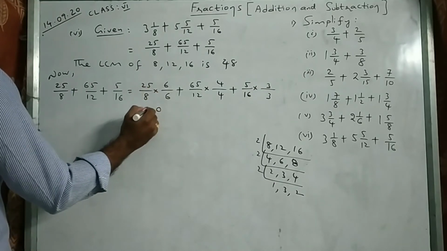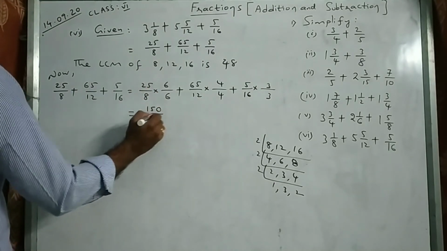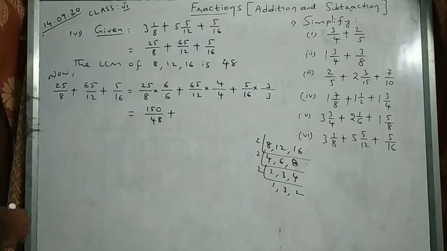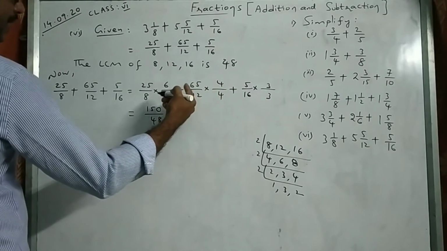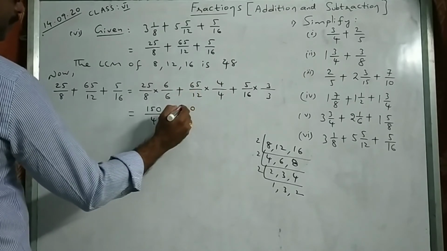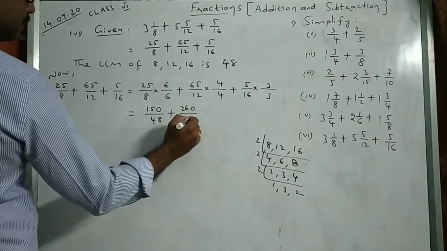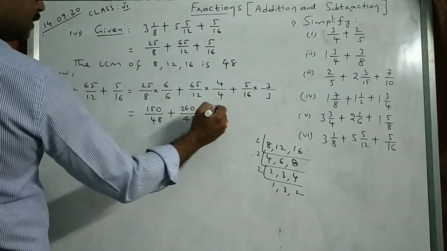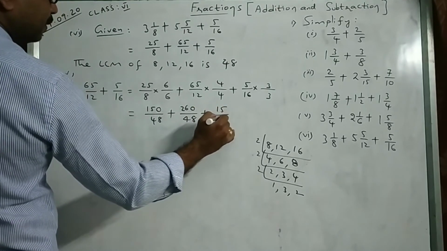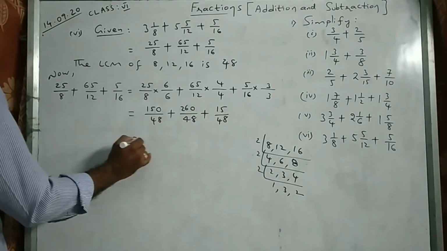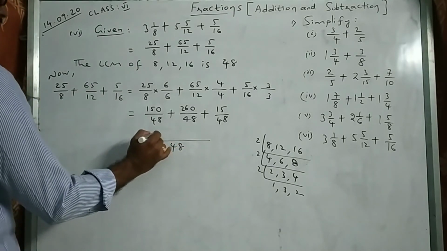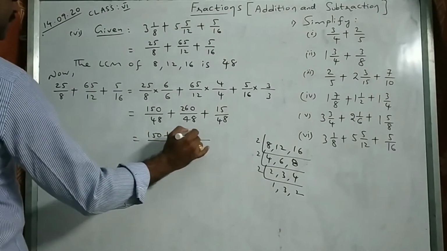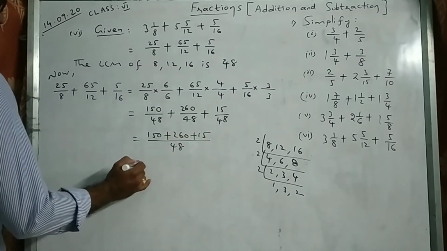So by 48 plus 65 4s, 4 5s 20, 4 6s are 24 plus 2, 26 by 48. This one 5 3s is 15 by 48. All the denominators are now made 48. Like fractions, we can write the numerators directly, plus 15. So add them.